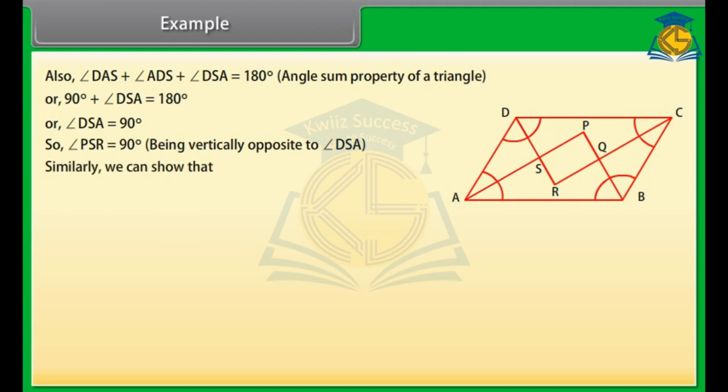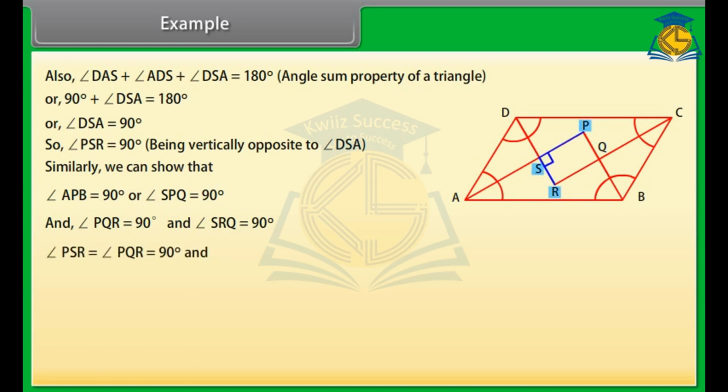Similarly, we can show that angle APB is equal to 90 degrees, or angle SPQ is equal to 90 degrees, and angle PQR is equal to 90 degrees, and angle SRQ is equal to 90 degrees. We can see here that angle PSR is equal to angle PQR, which equals 90 degrees, and angle SPQ is equal to angle SRQ, which is 90 degrees.